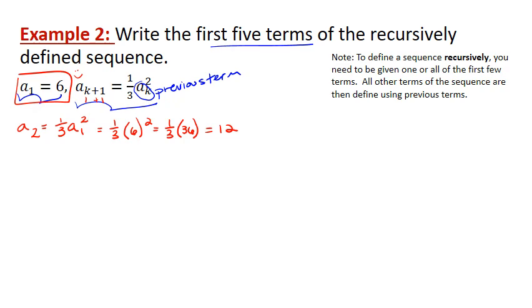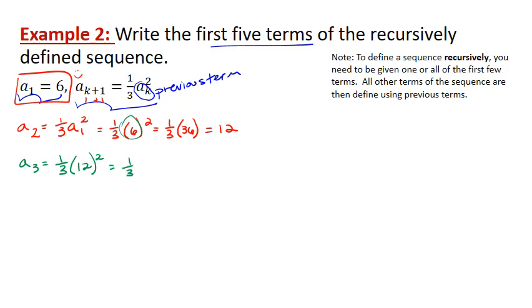So really all we are doing is plugging in the previous term right here. That means if I want to find the third term, instead of 6 here, I'm going to plug in 12. So 1/3 times 12 squared, because this was the result of the term before, the previous term.